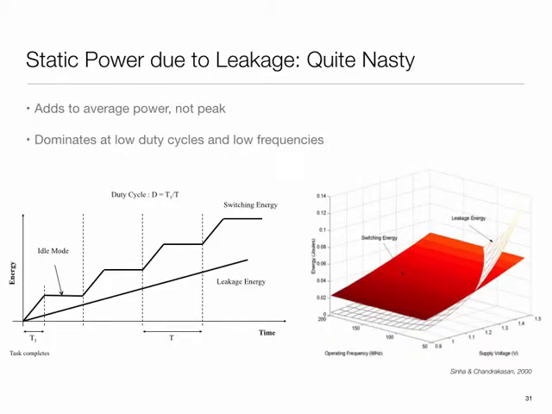So much of the power management now is determined by this leakage current: the fact that the sheer act of keeping a circuit on burns a significant amount of power, whether you actually do any computation on it or not. So let's look at where the effect would be higher. Let's say I have to do some computation, and I have two choices. I can run at a fast frequency, or I can run at a low frequency.